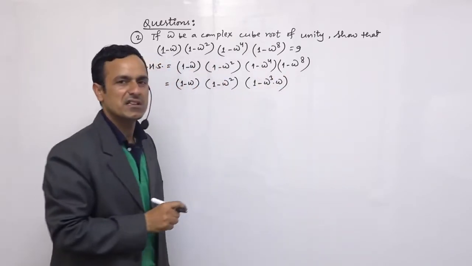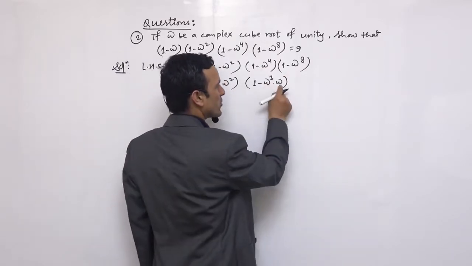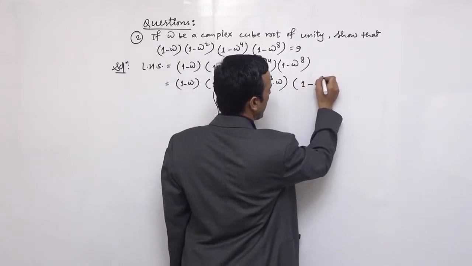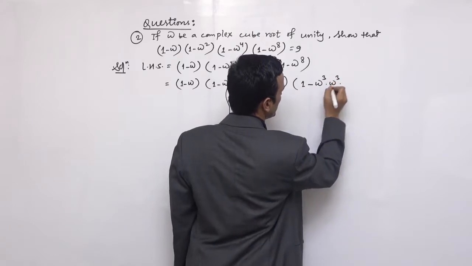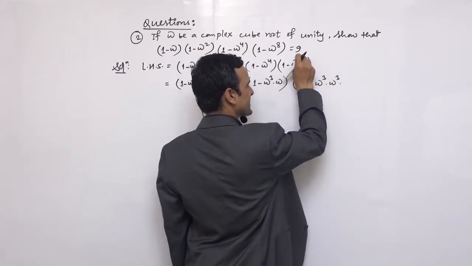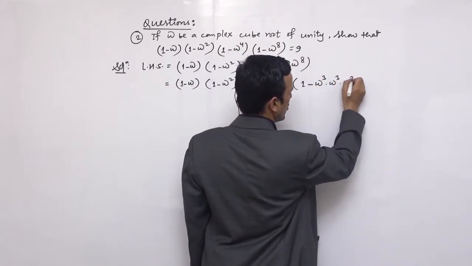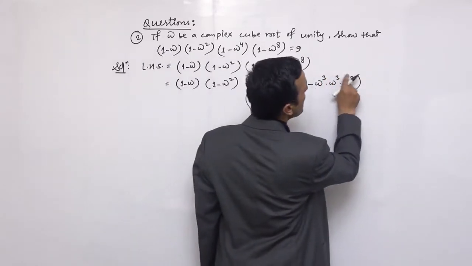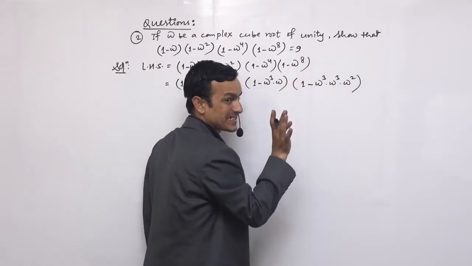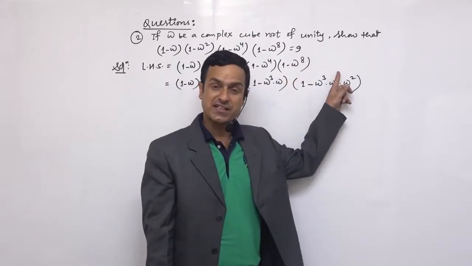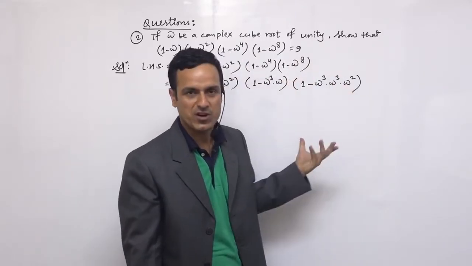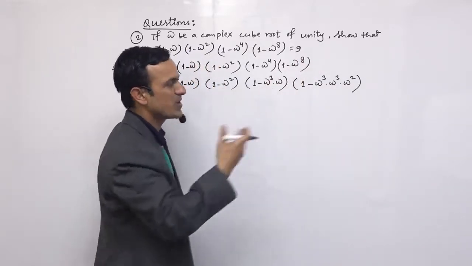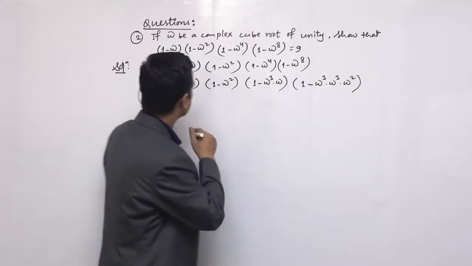Let's break this down, put power 3, to apply the formula omega cube. 3 plus 3 means 6, but here is 8, so we write omega square. If you add all the powers, we get 8. We need power 3 because we have the formula for omega cube. So converted into omega cube, then we can use the formula.